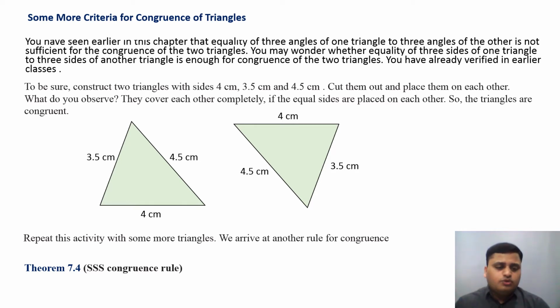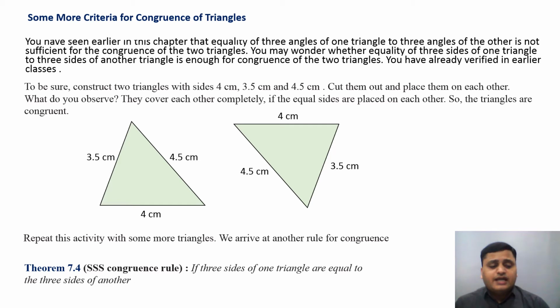This rule states that if three sides of one triangle are equal to the three sides of another triangle, then we will say that these two triangles are congruent. Only then will we say these two triangles are congruent.